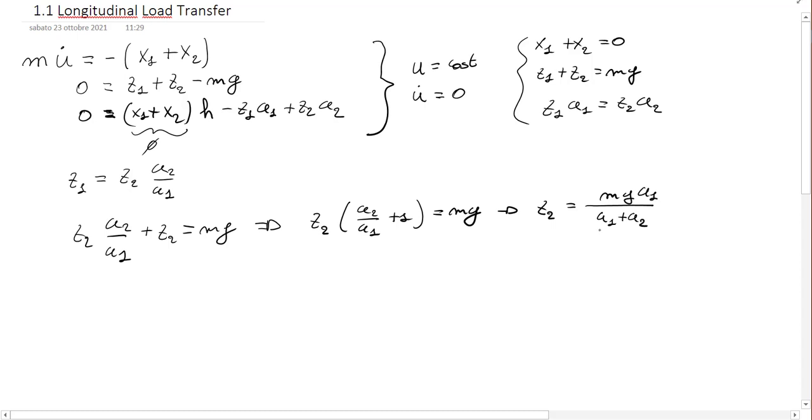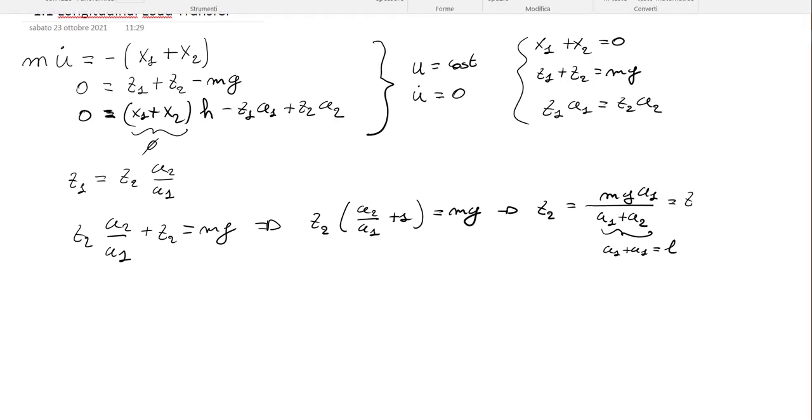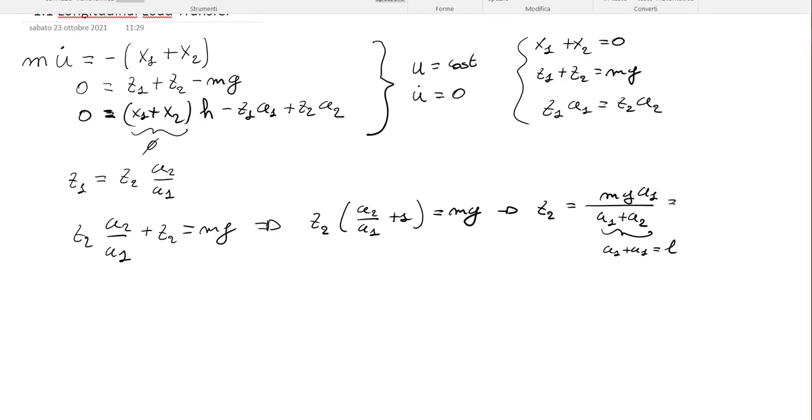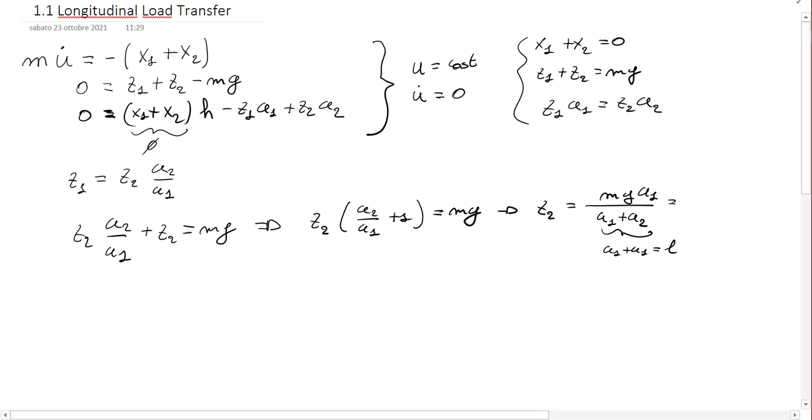But what we have here is just a1 plus a2. We know that a1 plus a2 equals the wheelbase l, so this equation becomes mg a1 over l.